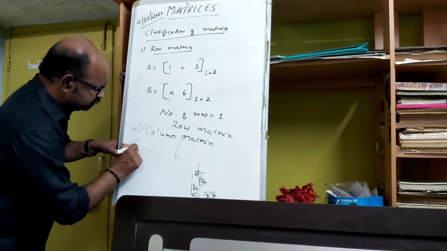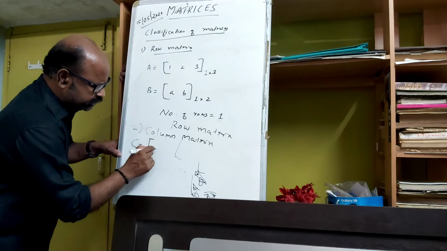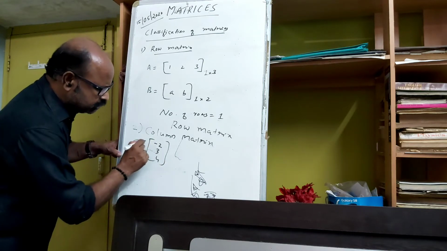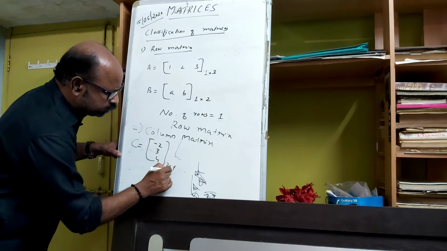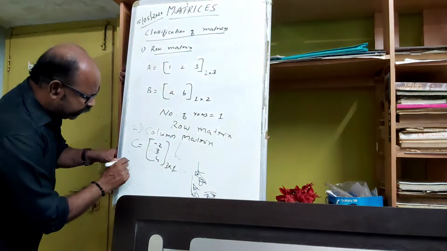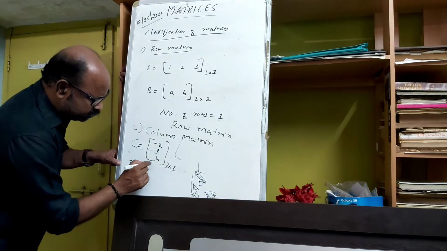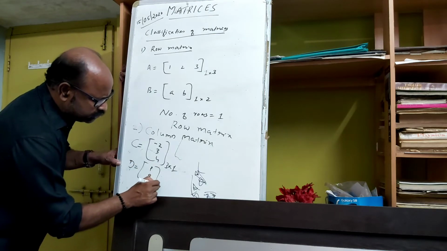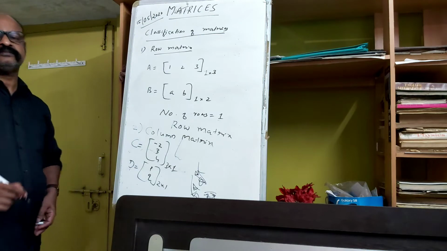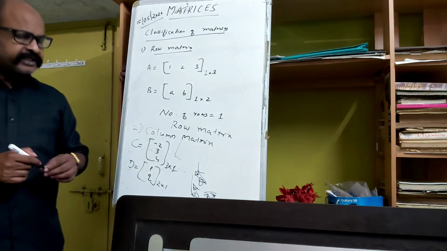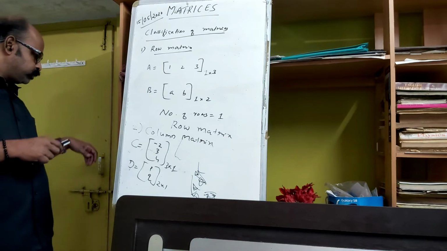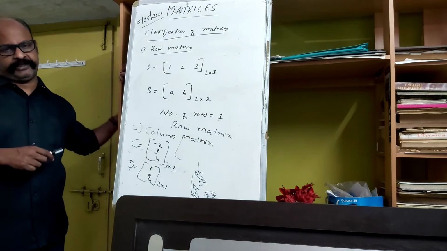Okay, C is equal to matrix minus 2, 3, 4. Order is what? 3 rows, 1 column, 3 by 1. Another matrix D is equal to matrix p, q. Order is 2 by 1. So this way, a matrix having only one column is known as a column matrix.